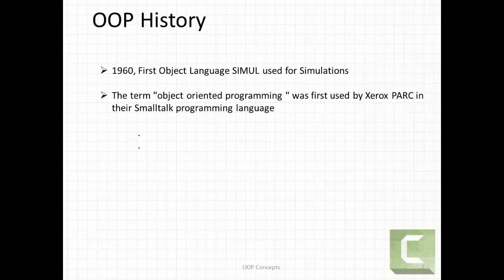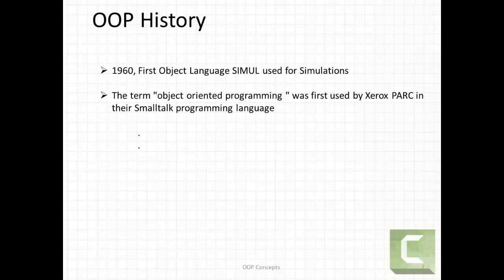OOP history. We have been using OOP for many years. We used OOP in C, and now we are using Java and a lot of other programming languages which also support OOP. But the first time, in 1960, we had what was called the first object language. Till that time we had not given the name object oriented language. It was just an object language.